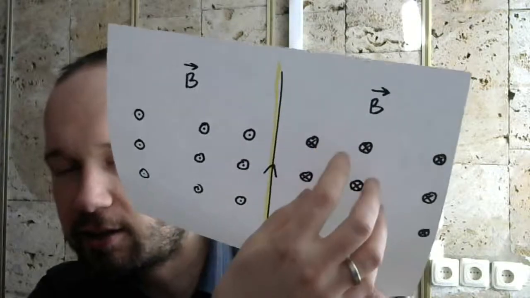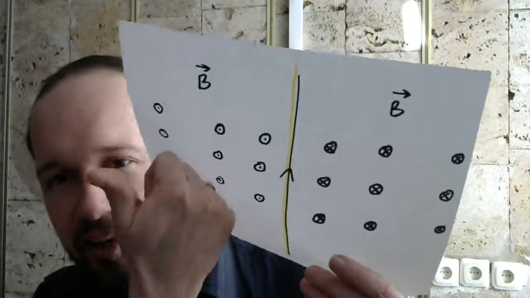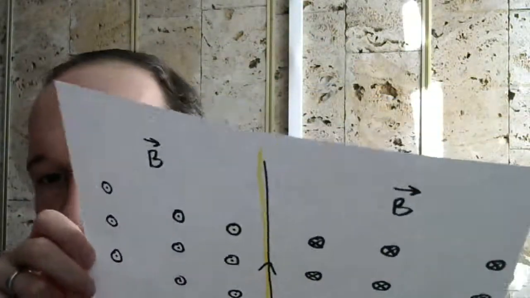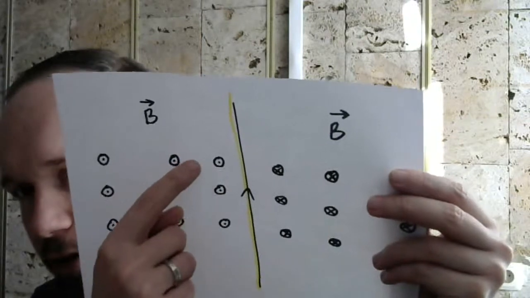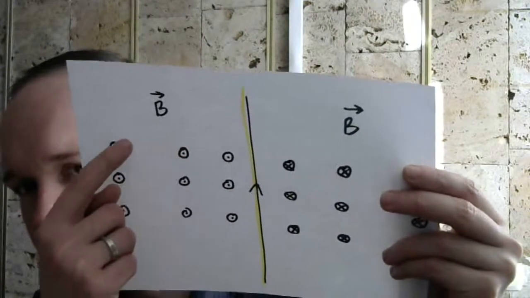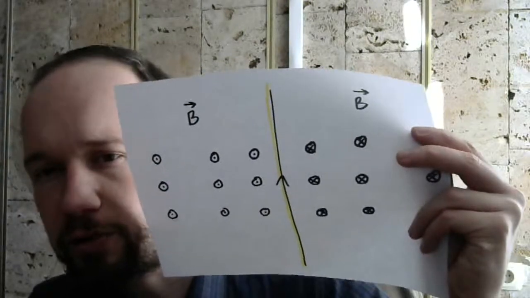So on this side they're going into the paper, and on this side they're going out of the paper. And again, notice that these two are closer to each other than these two, showing that the further away we go from the wire, the weaker the magnetic field is. I hope that this notation makes sense, using the into the paper and out of the paper vectors.